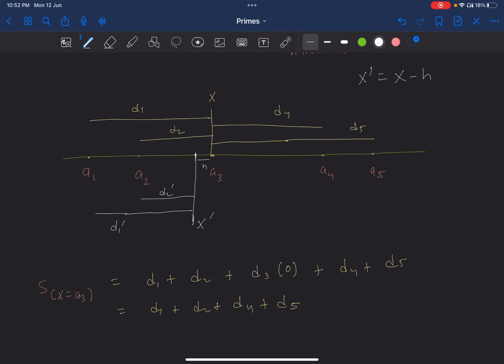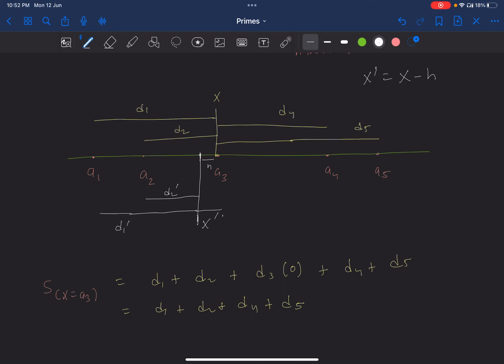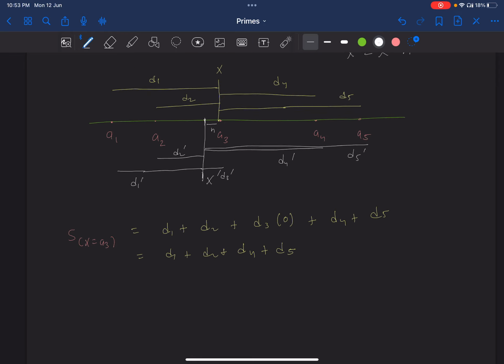With a3, we can say it is d3 dash. Notice that here the d3 is not 0, right? Because we have a certain distance with a3. Now, the distance with a4 will be d4 dash, and the distance from x dash till a5 will be d5 dash.